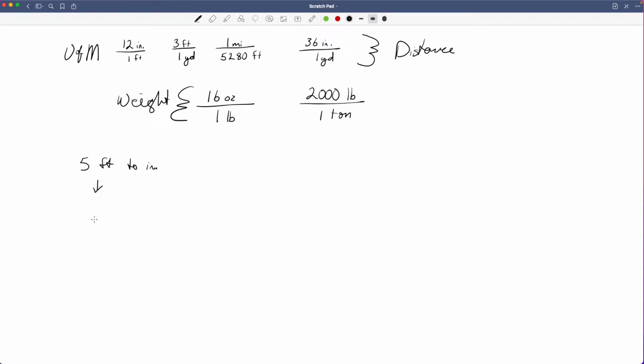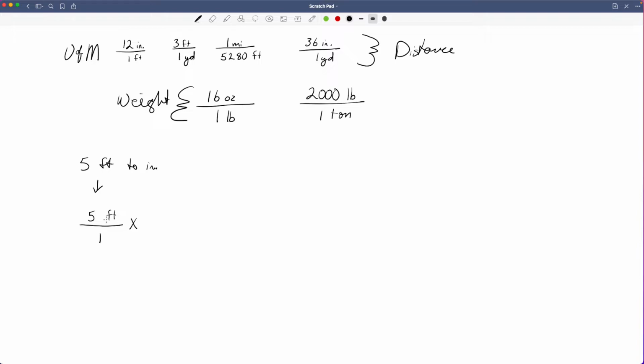So what you do is you write 5, and we're going to treat feet, the unit of measure, as if it were a variable. And we're going to turn this into a fraction by putting it all over 1. And then we're going to multiply. And what we're going to multiply is we're going to multiply to get to inches. And because feet is a variable, that makes it a factor.